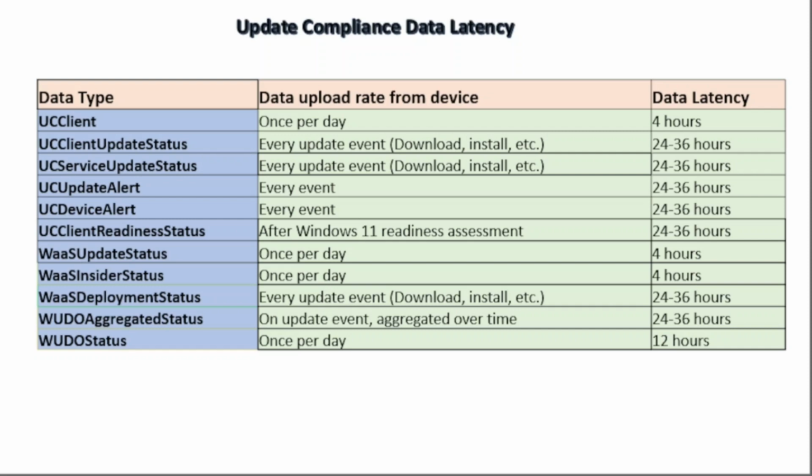Device connectivity to the internet and generally how active the device is influence how long it will take before it appears in Update Compliance. As we can see in this table, for some data types the device uploads the data once per day, and for some data types it is every event or every update event.